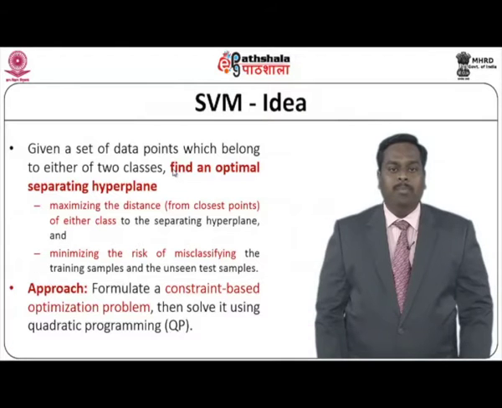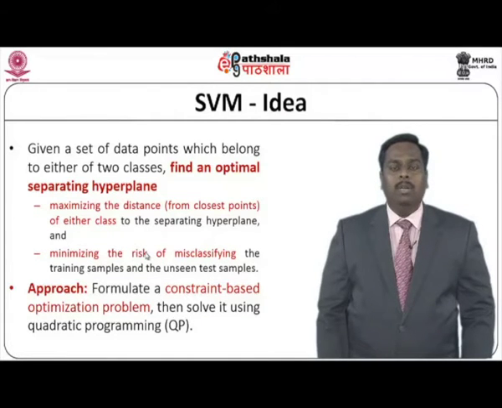So, to start with, let us first understand the idea behind SVM. This will provide you a complete picture of what exactly a support vector machine is. Suppose we are given a set of data points which belong to, say, two classes.